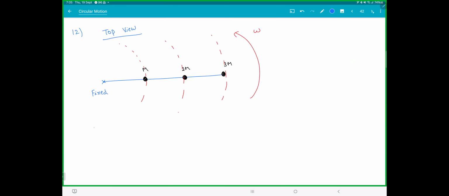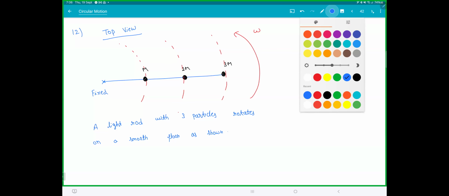So we have a light rod with 3 particles, rotating on a smooth horizontal floor, as shown.